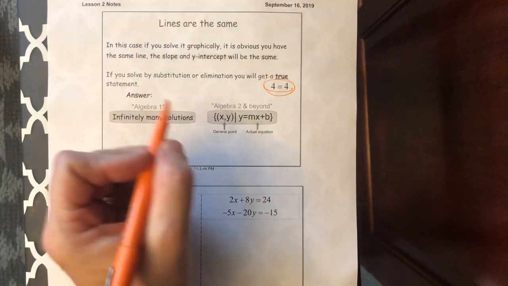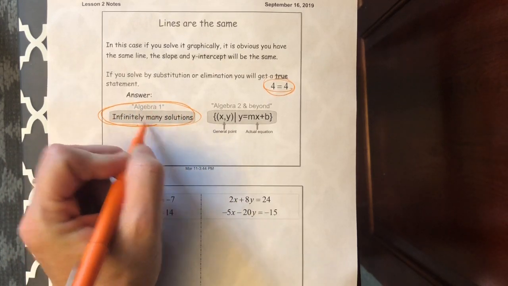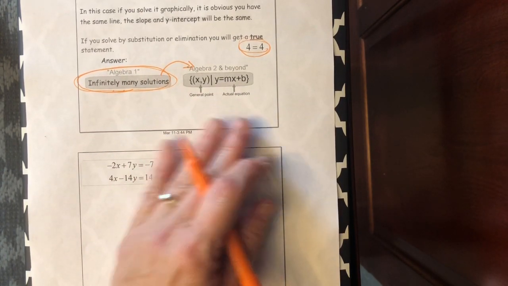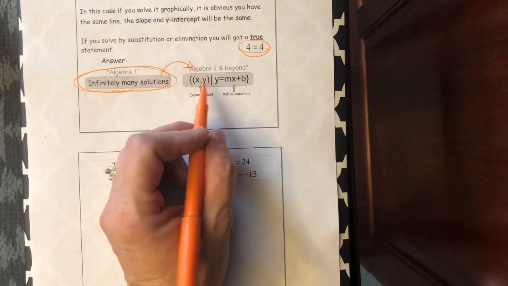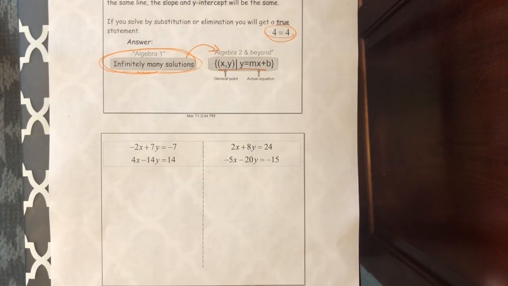So it's okay. We're going to kind of translate this into this year. So from now on, Algebra 2 and beyond, this answer is not going to cut it. We're going to make it a little bit more technical. So I'll talk about that when we get to it.